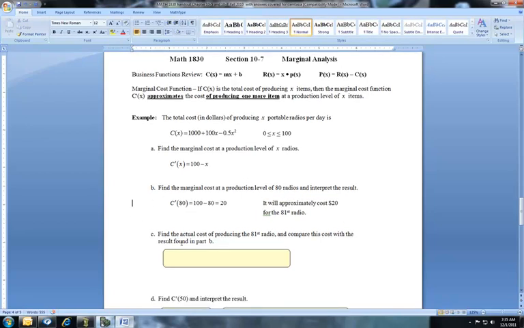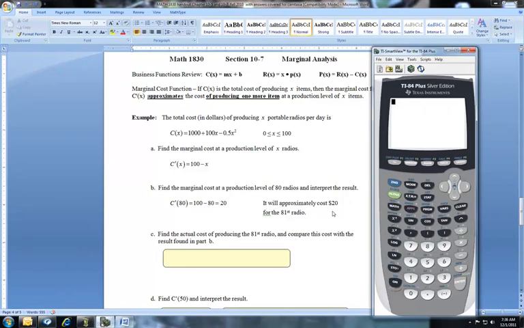Now when it says find the actual cost of producing the 81st radio, the real, true-to-goodness actual cost, you have to go back to your cost function. If I find the cost of the 81st, find the cost of 80, and subtract the two, then I should end up with how much the 81st cost. So let me put in 81.